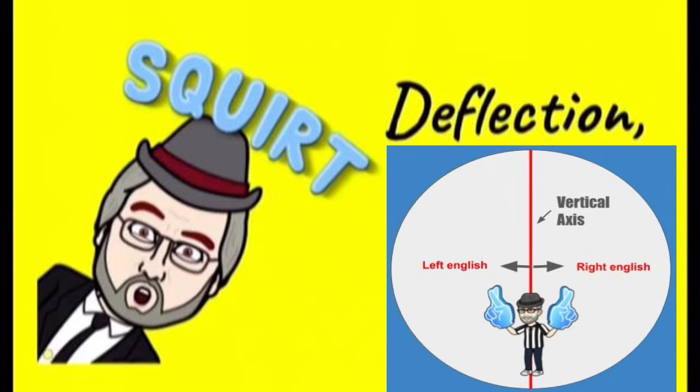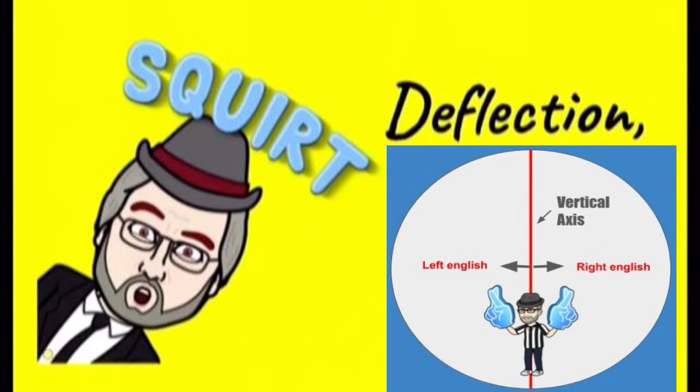If we hit along the equator or anywhere along that on the side of the vertical axis, not only does the cue ball change the path of the object ball, but the tip hitting the cue ball changes the path of the cue ball. Oh my gosh, so many things to think about. But every time we hit to the left or the right, it changes.